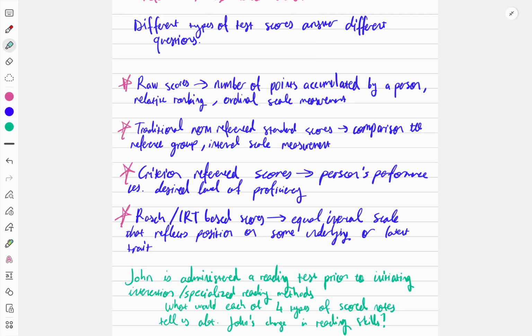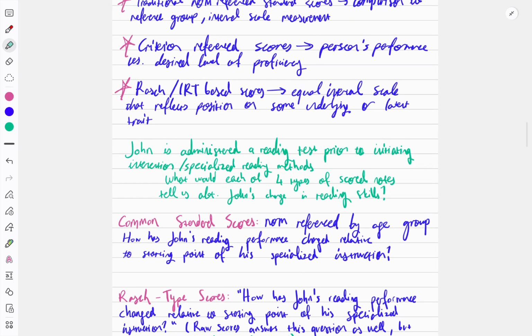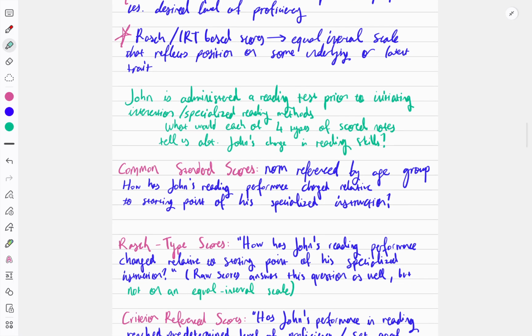In criterion reference scores, we are comparing the person's performance versus a designated level of proficiency. And in Rasch or IRT based scores, there's an equal interval scale that reflects position on some underlying or latent trait.